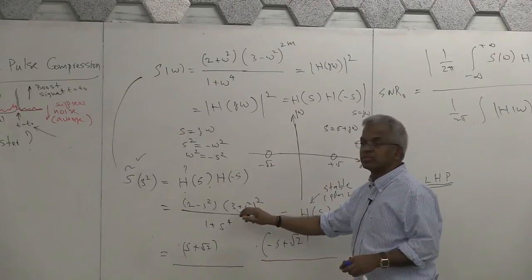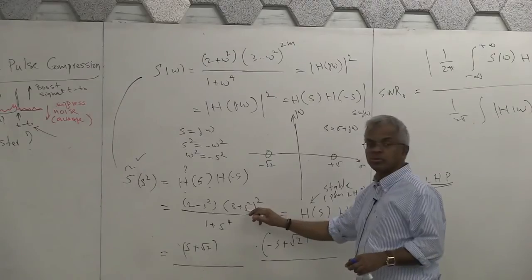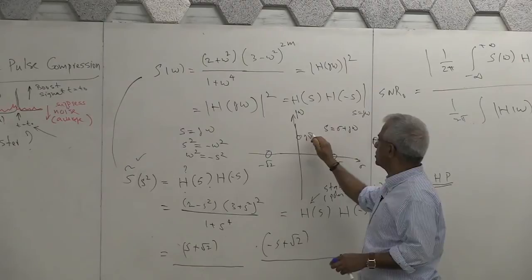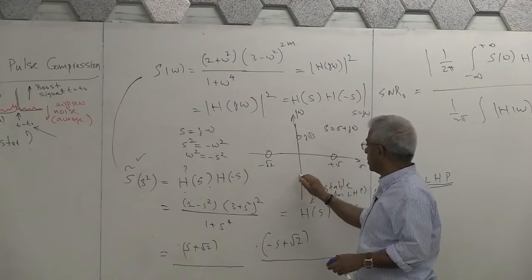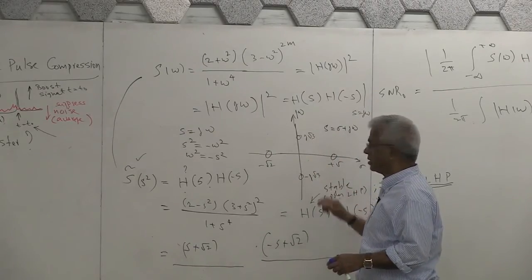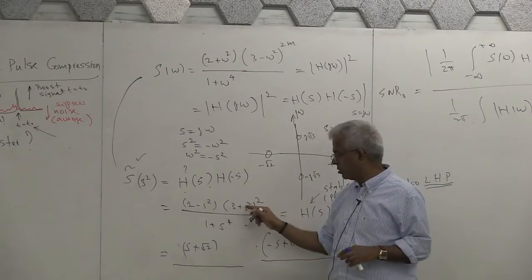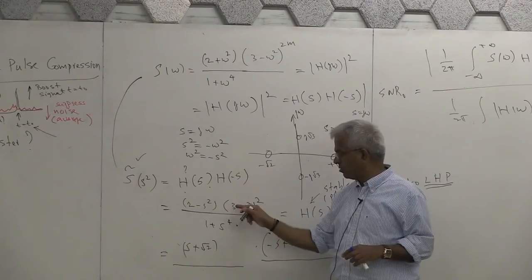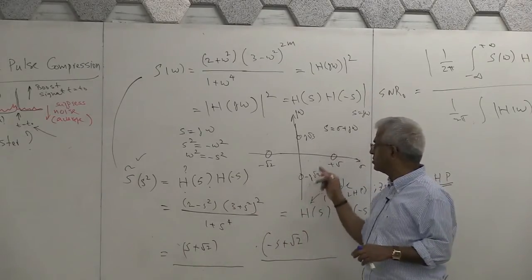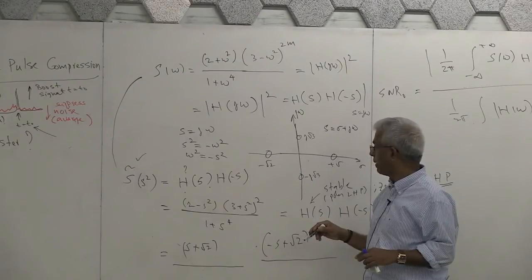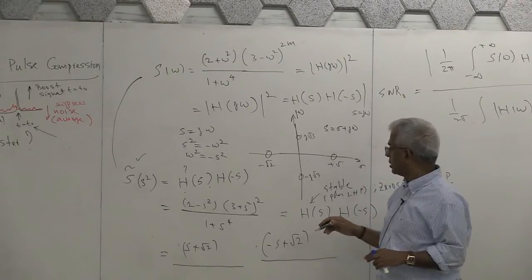Here where is the zero? s equal to j square root of 3 omega and one at minus j square root of 3 omega, right?